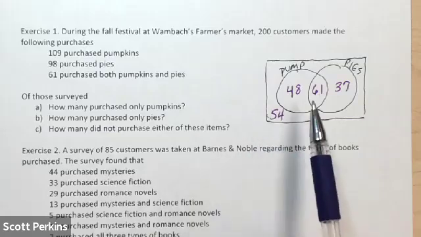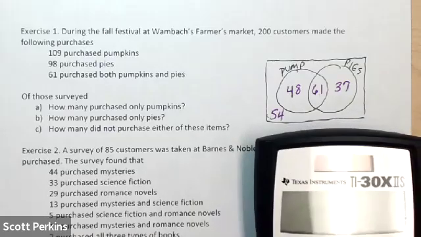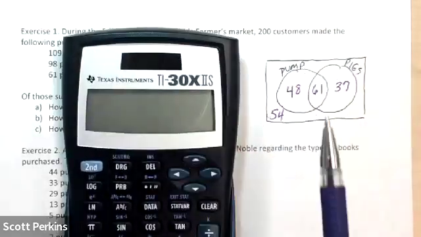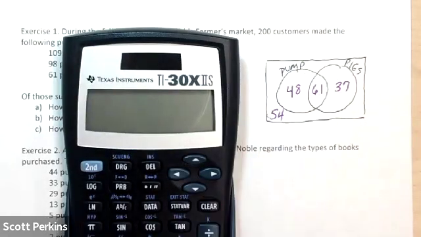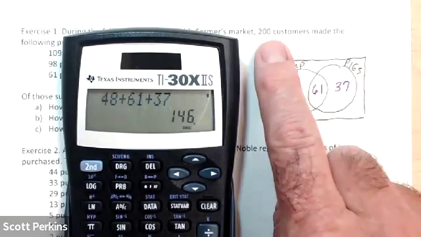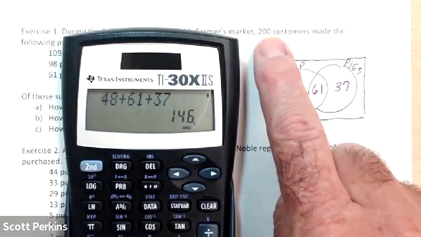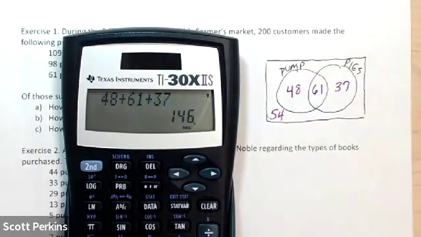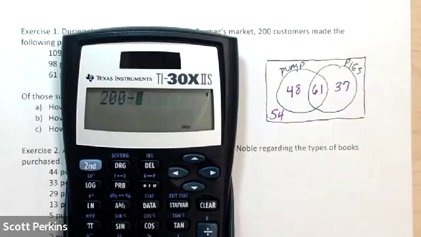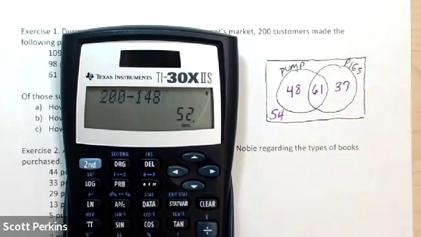So what we did to get the 54 is we took these values right here in my Venn diagram. I took the 48 plus the 61 plus the 37, and I got 146. Then we were told the universe is 200 people. There should be 200 people in the whole square. And so 200 minus the 148 is the 50.